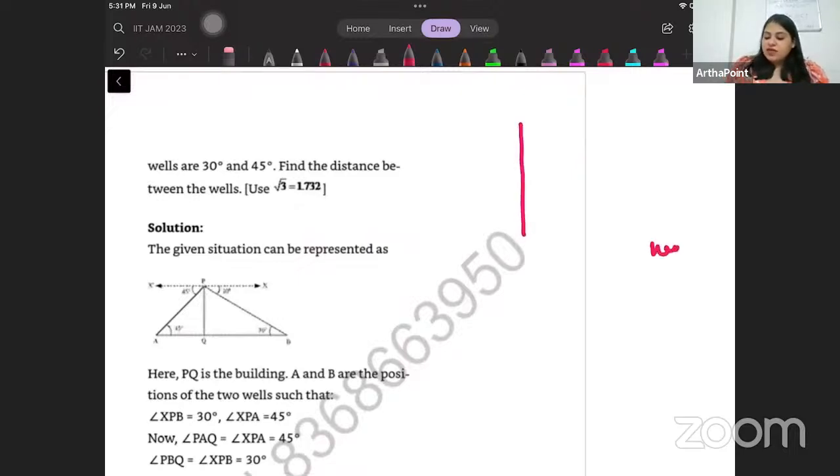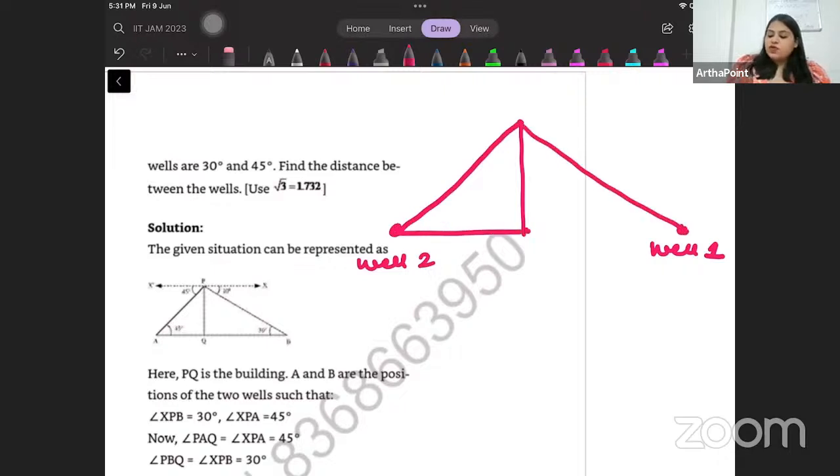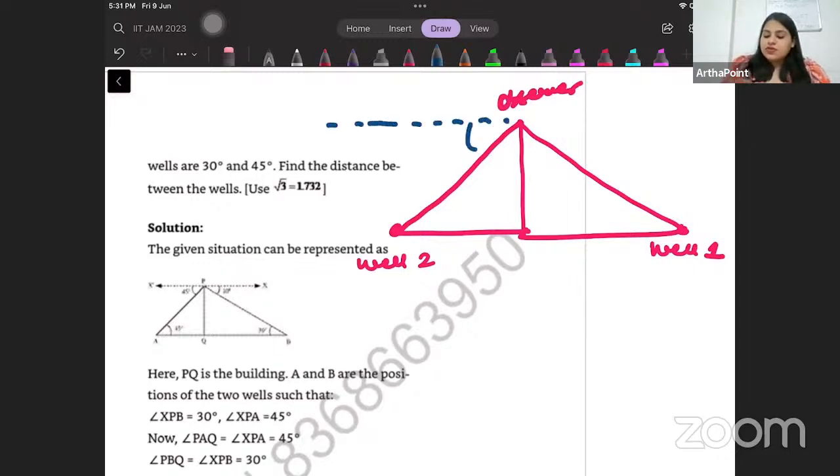This is well 1, on the opposite side, this is well 2. You see well 1 from here, you see well 2 from here. This is the observer. And the angles of depression are 30 and 45 degrees. So suppose this is 45 degrees and this is 30 degrees.